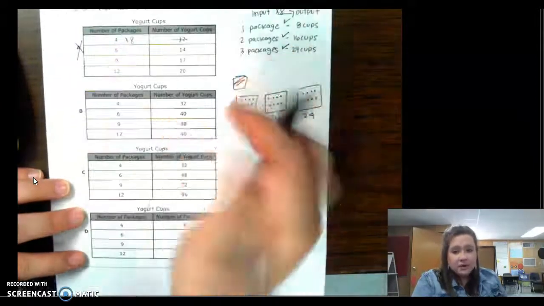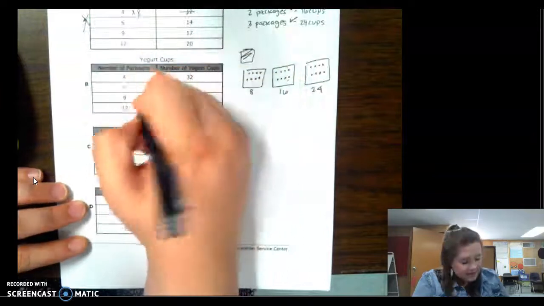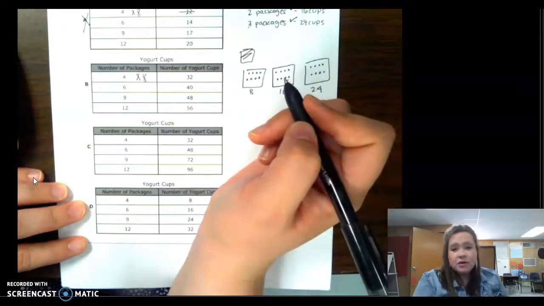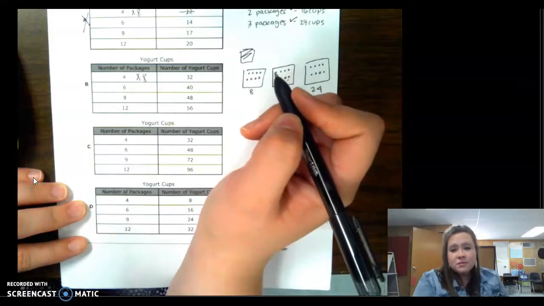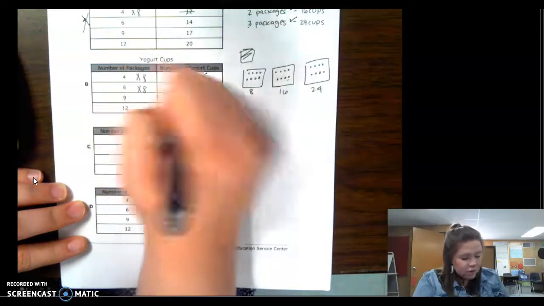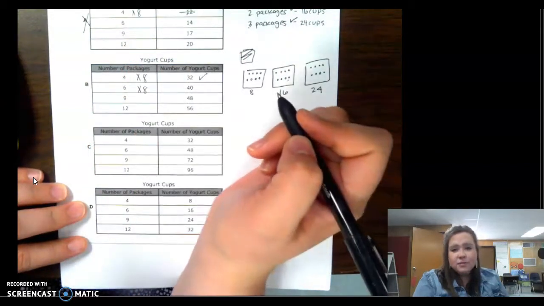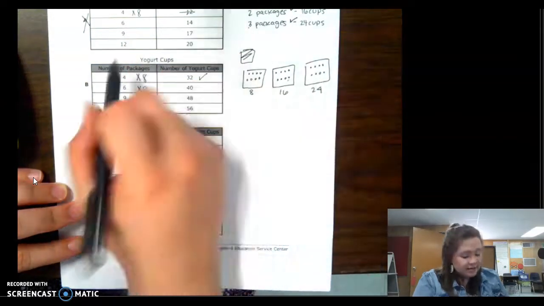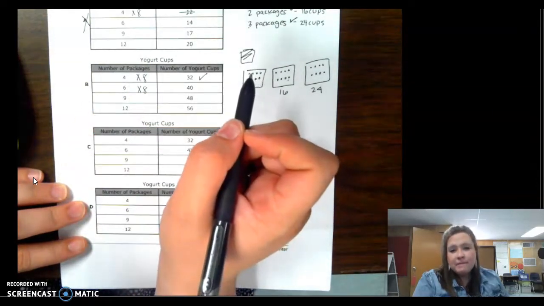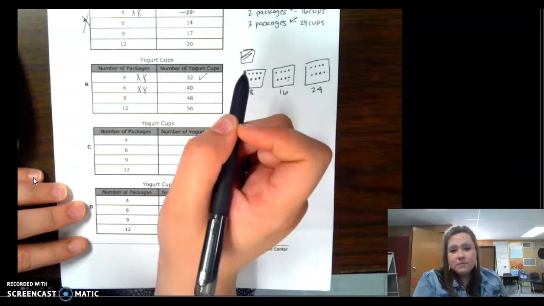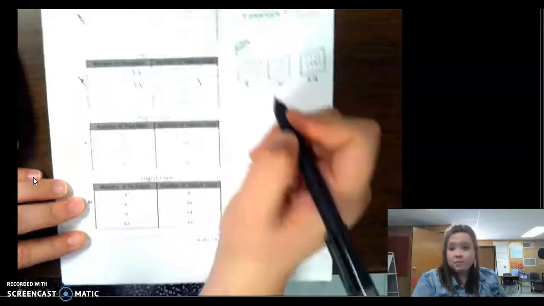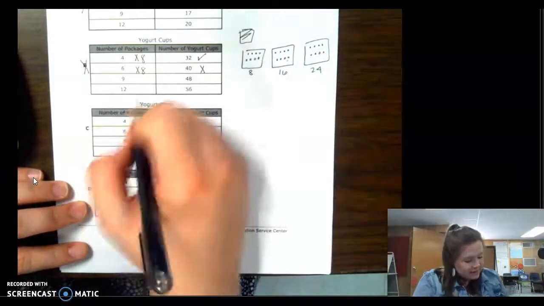Okay, let's look at this one. 4 times 8 equals 32. Is that true? Yes, that is. 6 times 8 equals 40. Is that true? No, that is not true.